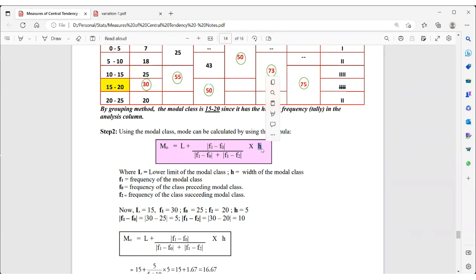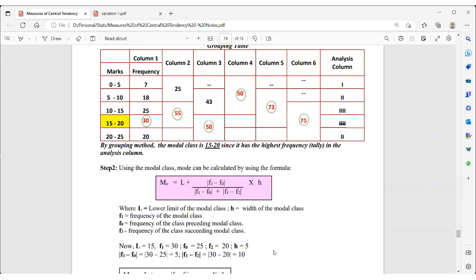Clear? Now F1 is the frequency of model class. F0 is frequency of preceding model class, and F2 is frequency of succeeding model class. Right? Now, in this example, 15 to 20 is the model class.